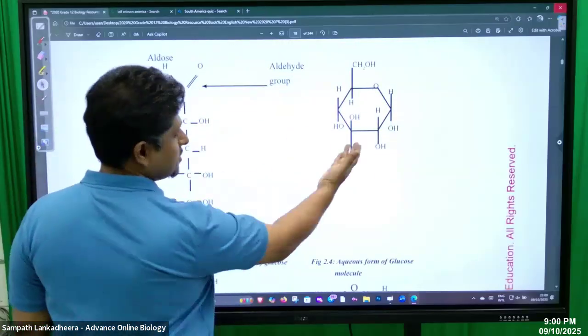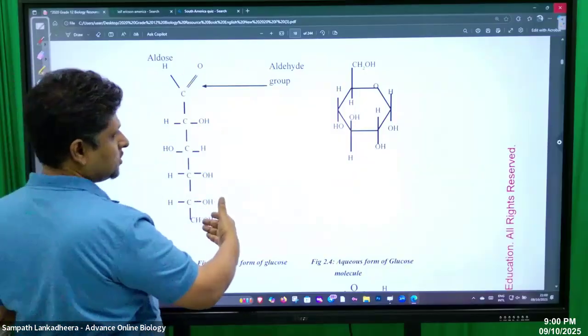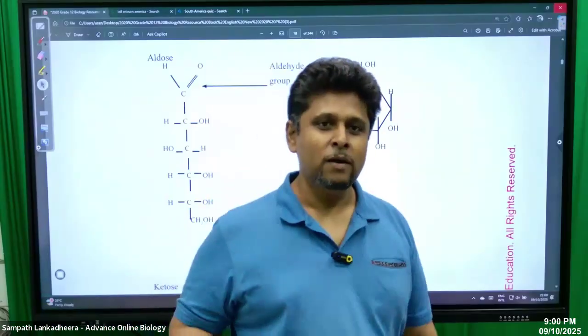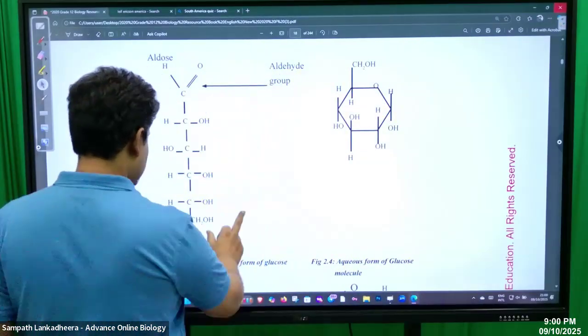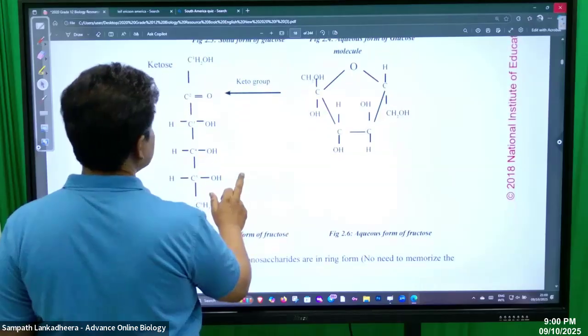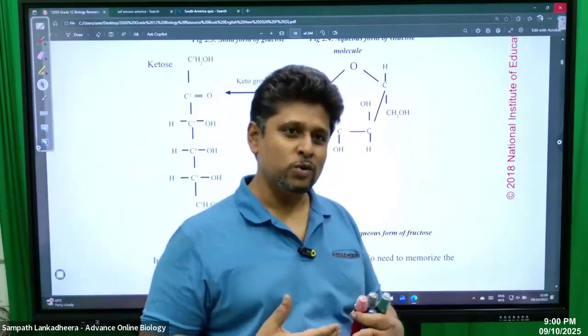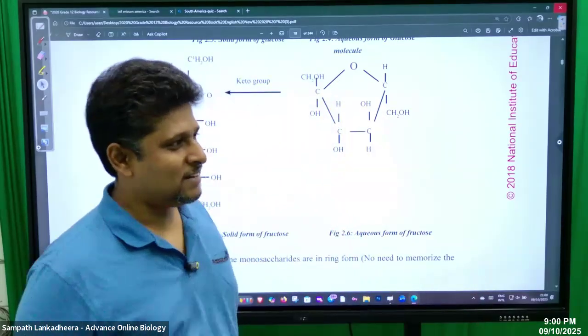So aldoses can exist in two forms. Either it can be available as a chain-like structure or a ring structure. Which one is more stable in the liquid medium? We learn that the ring structure is more stable. And in the same way, the ketoses can also be available as a ring structure. So fructose ring structure and glucose ring structure, we can see that there is a difference.